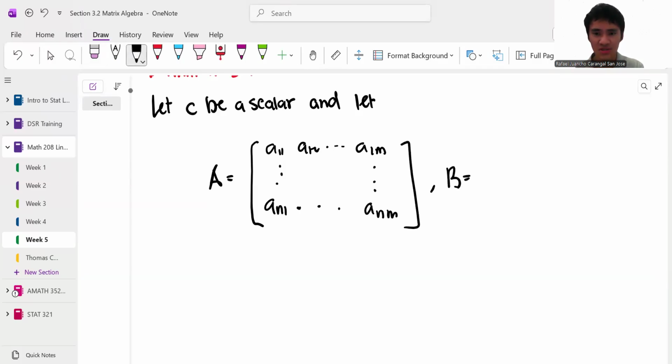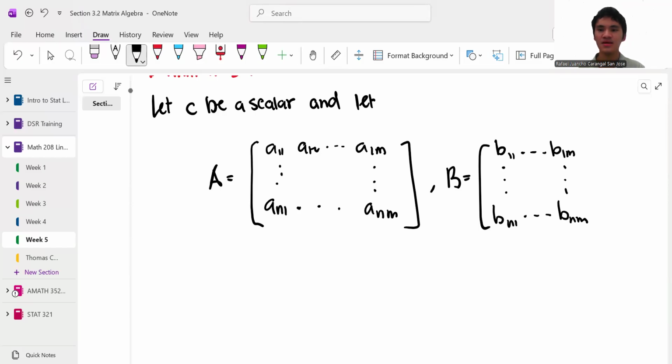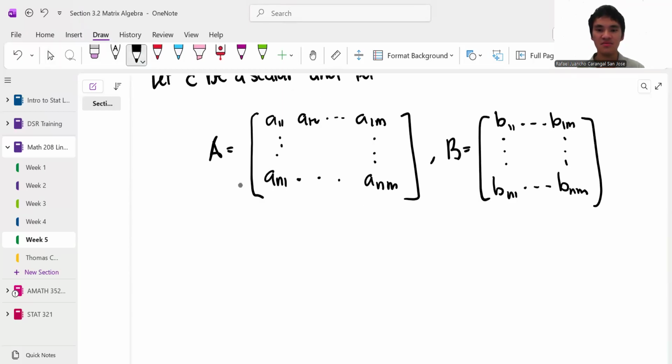Then we also have matrix B, which has the same dimensions as A, so these are both n by m.